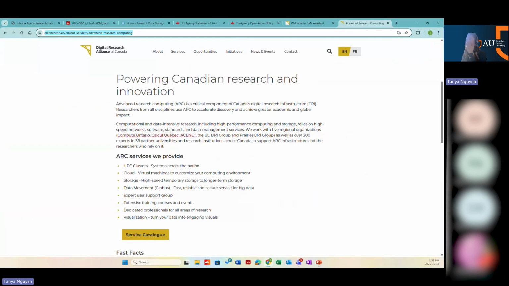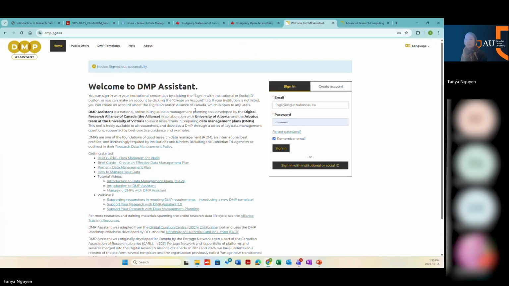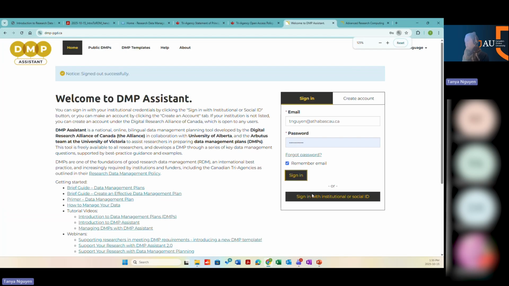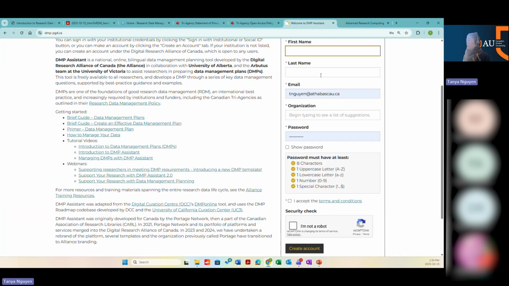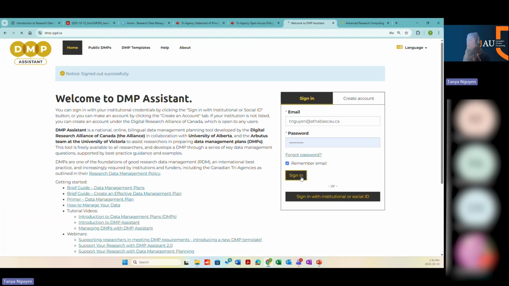Okay, so on to the DMP Assistant tool. So really quickly, this is the home page to sign in. Don't use the sign in with the institutional one. You'll just use this one here to create your account. And I'll just sign in.